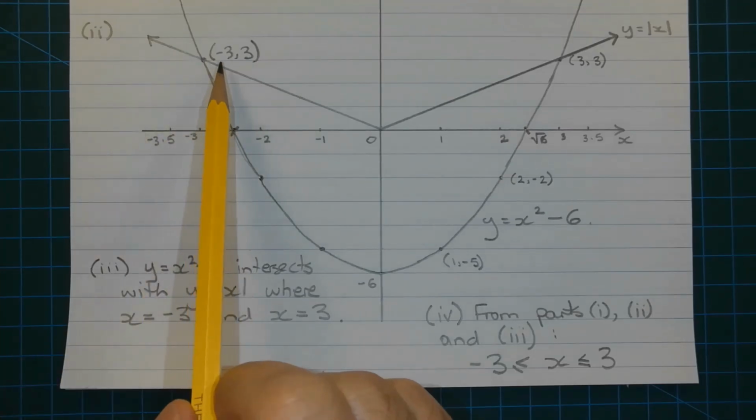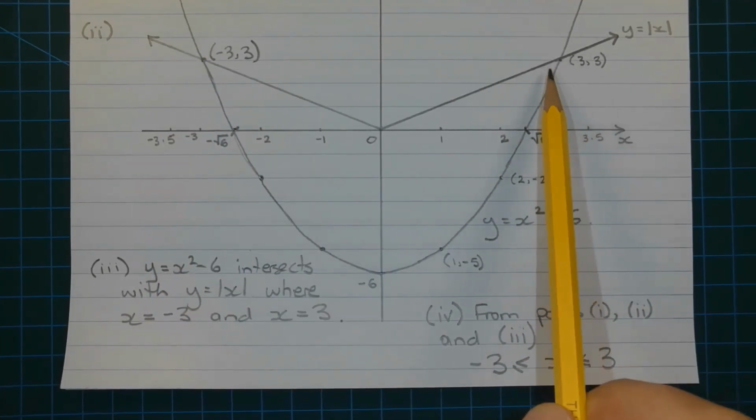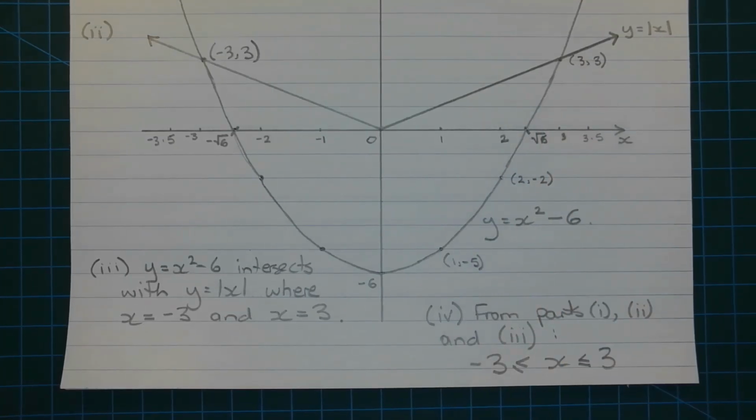And that occurs between x equals negative 3 and x equals 3, inclusive of the endpoints. So the solution to the inequality x squared minus 6 less than or equal to the absolute value of x is x greater than or equal to negative 3 and less than or equal to 3.